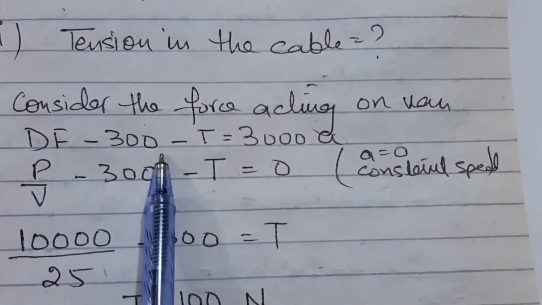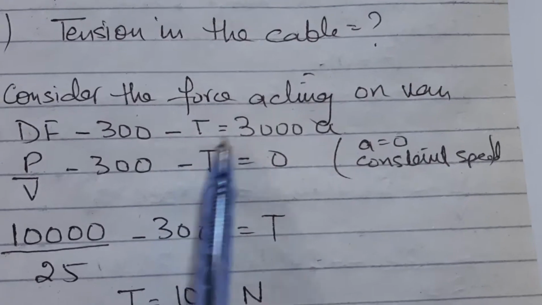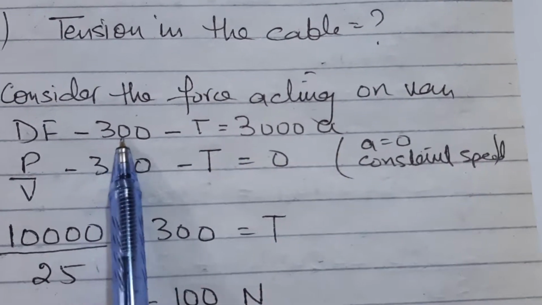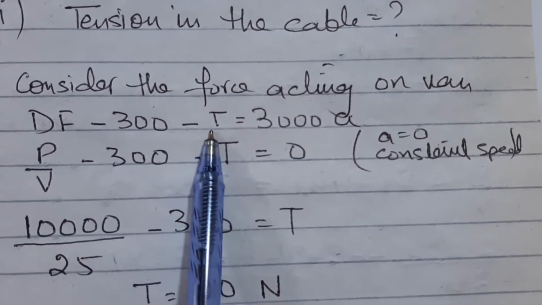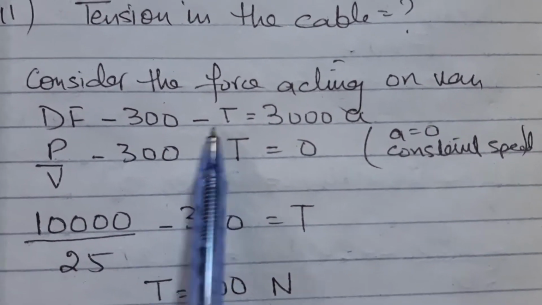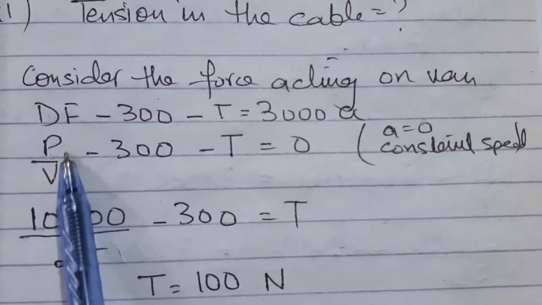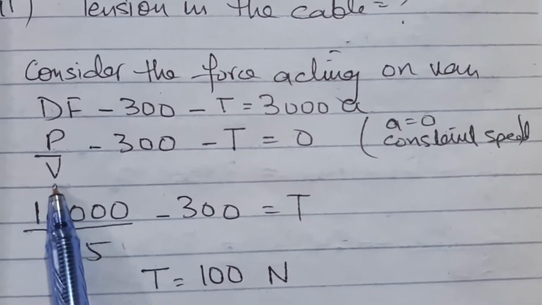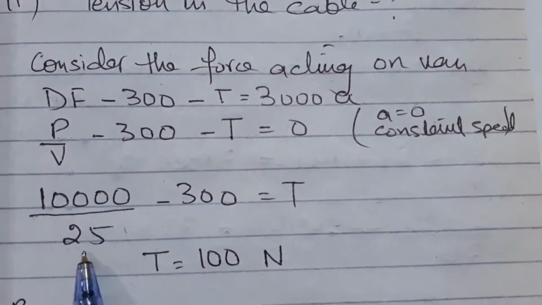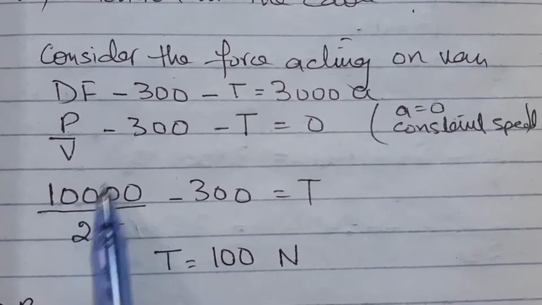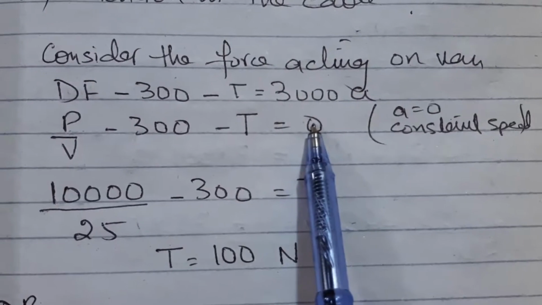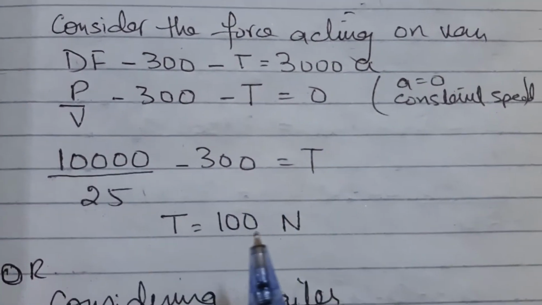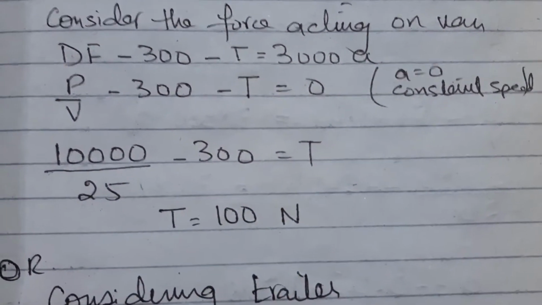Driving force minus 300 minus T equals this, because on the van there is a constant resistance of 300 and the cable is also pulling it backward, trying to pull it rather. And the driving force is power divided by velocity. Velocity we know, power we have just calculated. Same acceleration 0, because it is at constant velocity. I got the tension in the cable as 100 Newton.